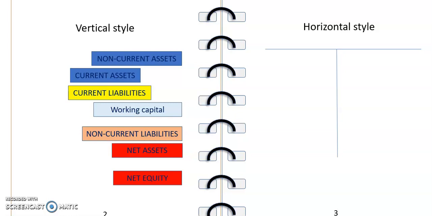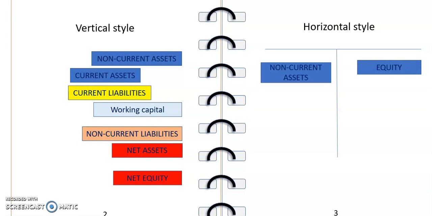Or you could use the horizontal or more traditional style, which is a layout that uses debits and credits. The credit side is where you place the liabilities and the equity, and the debit side is where you place your assets. So you have your equity on your right and your non-current assets on your left.